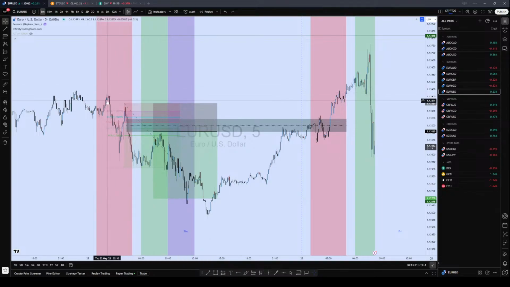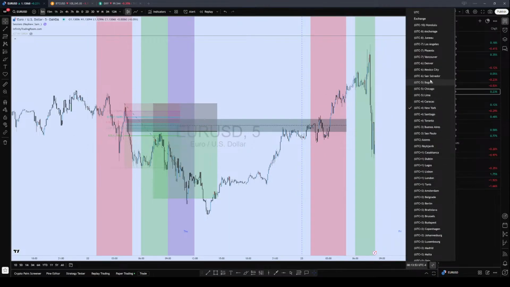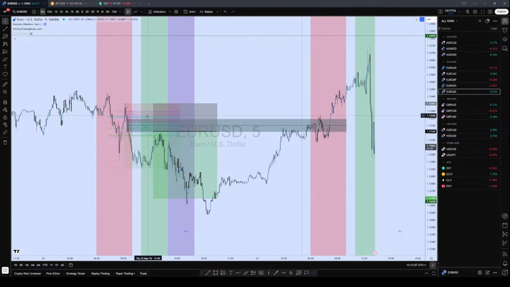Now, during the London session, there's always going to be a move. That move will be between 8 in the morning and 10.